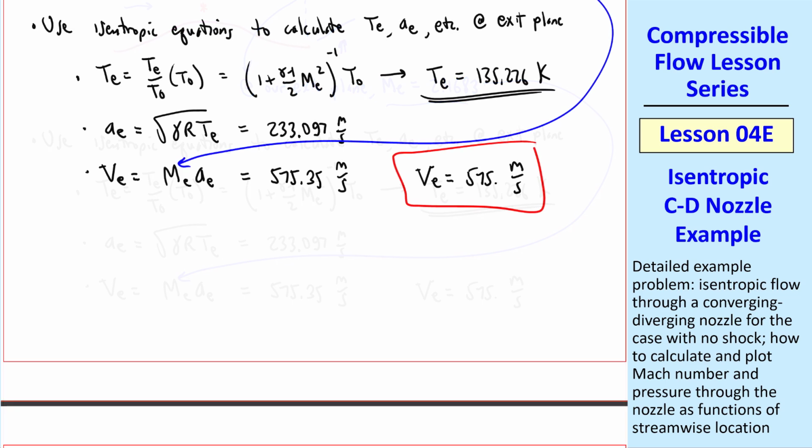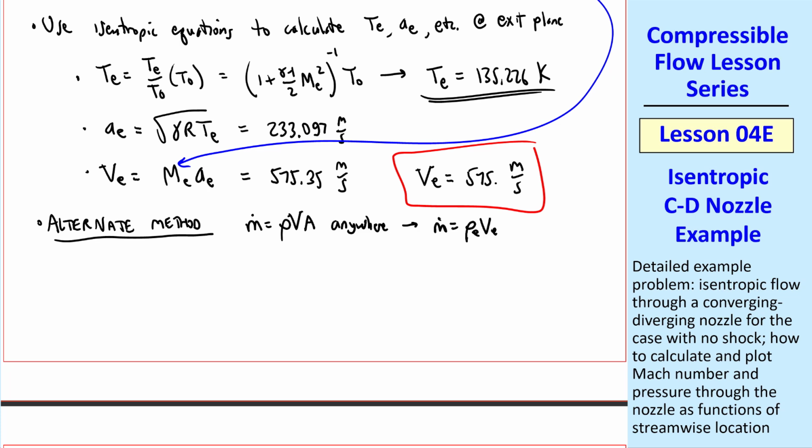I'll quickly mention an alternate method. Since we calculated m dot, and m dot is rho VA anywhere, it's also rho VA at the exit plane. And we know that rho E is rho E over rho naught times rho naught. And we use the ideal gas law to find rho naught, and we use the isentropic relationship for density to find rho E over rho naught.